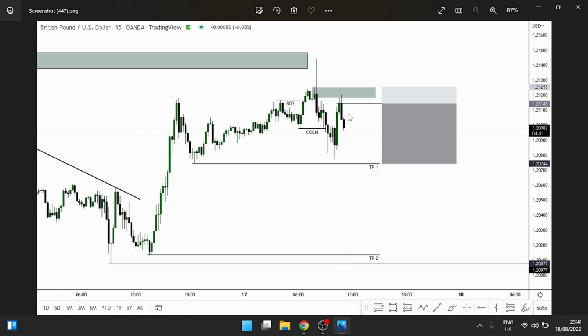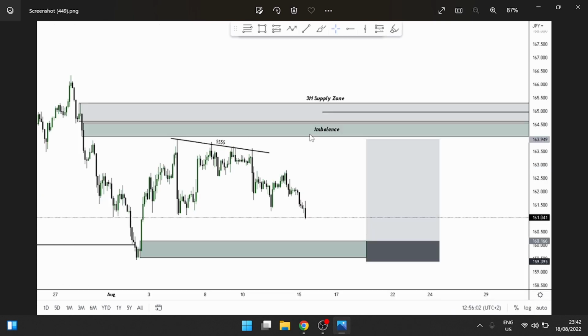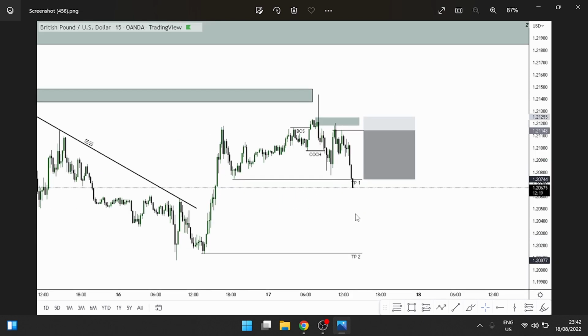Now, right over here, there's yet no imbalance. We're taking the trade shortly because of the break of structure to the upside and the change of character which we have just had. So now going to the next screenshot. As you can see, as we got tagged in, price started moving to the downside.